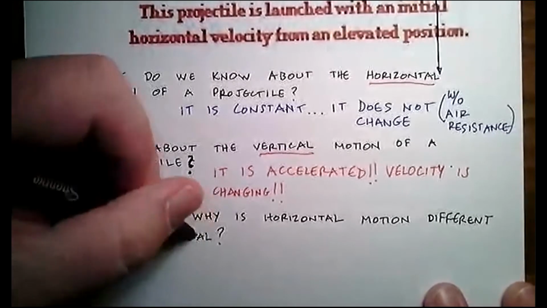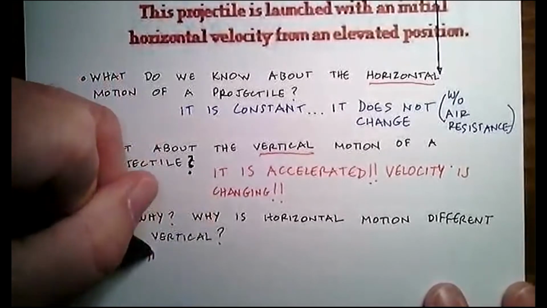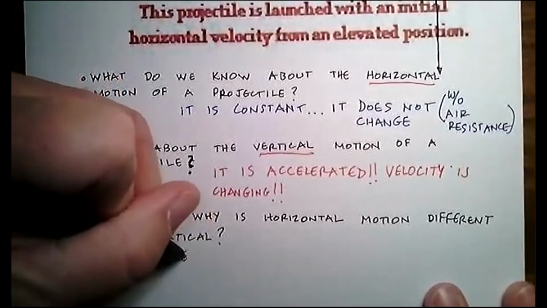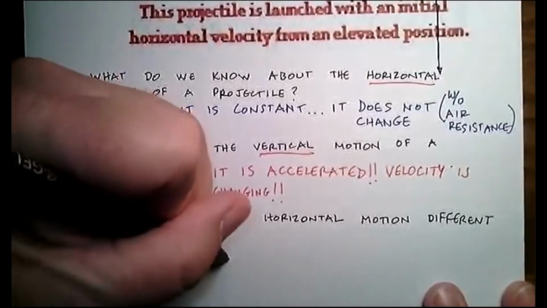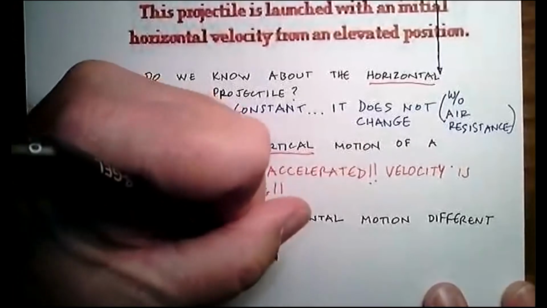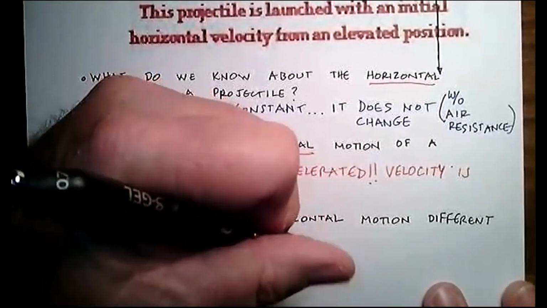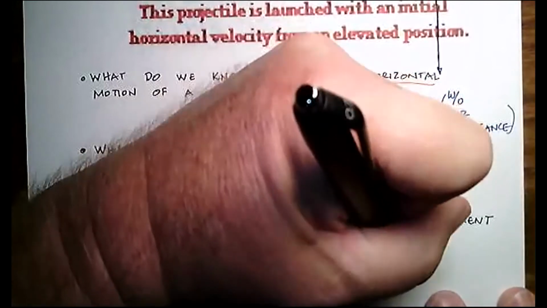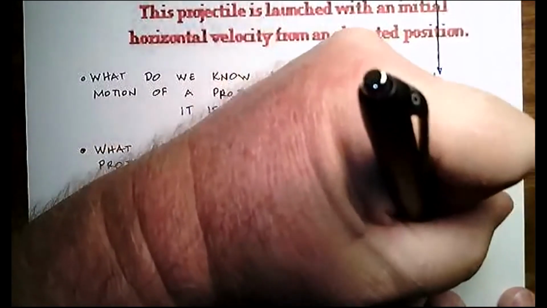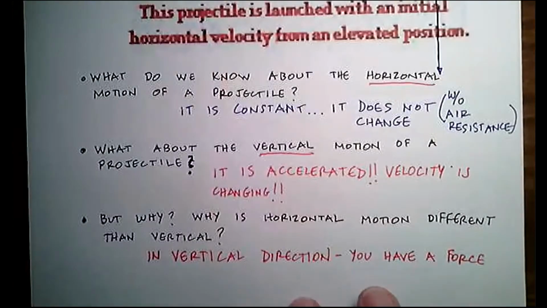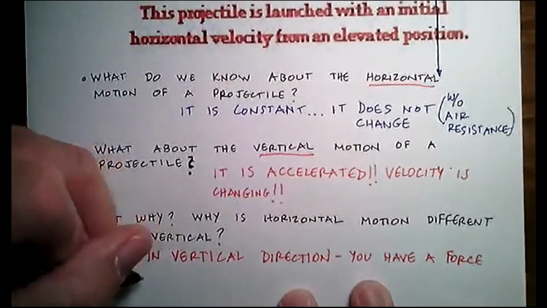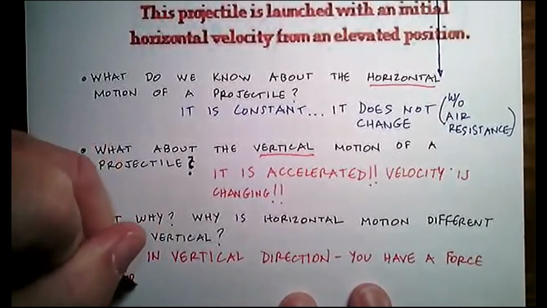Well, what we can say is that in the vertical direction, right? In the vertical direction, you have a force. At this point, I'm sure some of you guys know the force that I'm talking about. It's gravity.